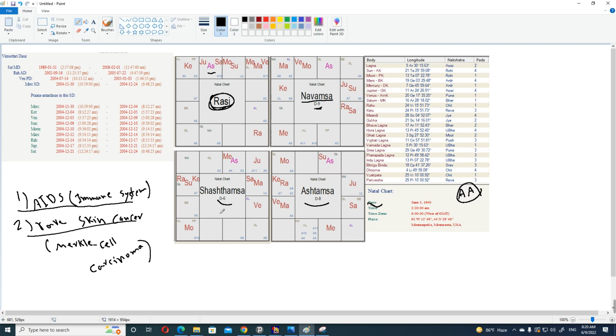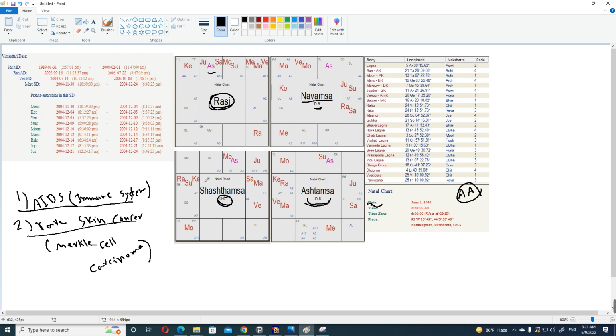Although these charts represent other matters too, for disease we need this one. And here Ashtamsha is about death, because I'm going to check the time periods for death too. I brought this chart too, and you don't need to bring it here when you want to analyze disease. But anyway, these three are enough, and I just gave it here to check his death time too.